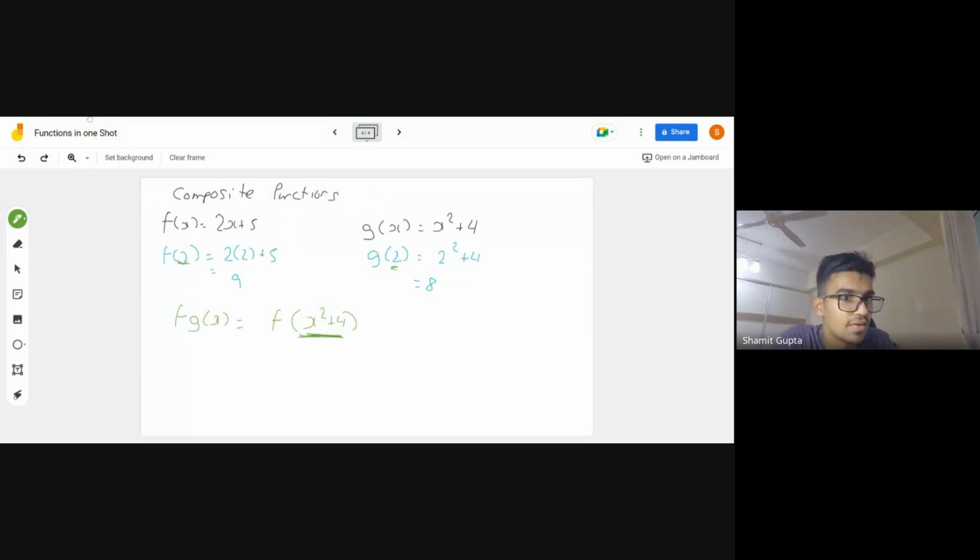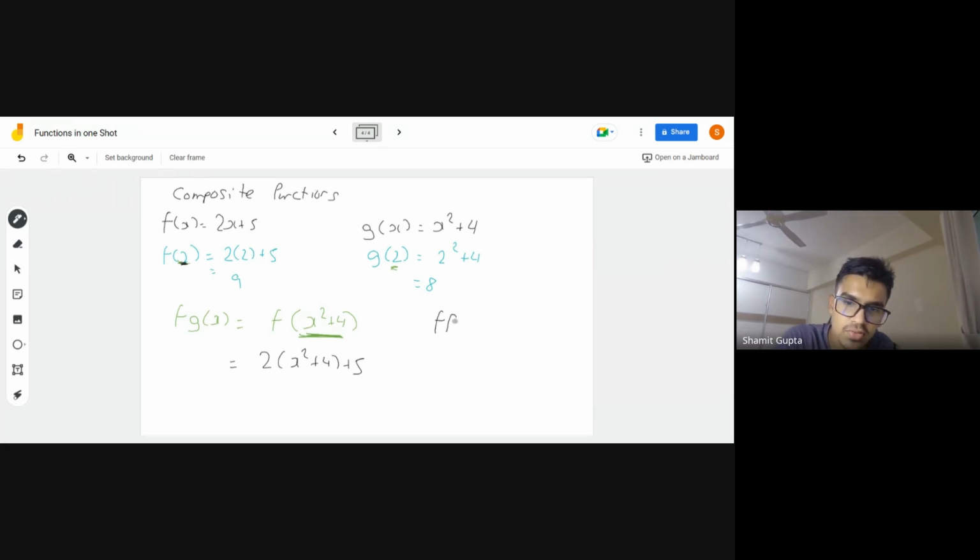The right one is the input of the left one. So the right one is the domain of the left one, like how 2 is the domain of f(x). So x squared plus 4 is the domain of f(x). So it will be 2 times (x squared plus 4) plus 5. That's literally the idea.